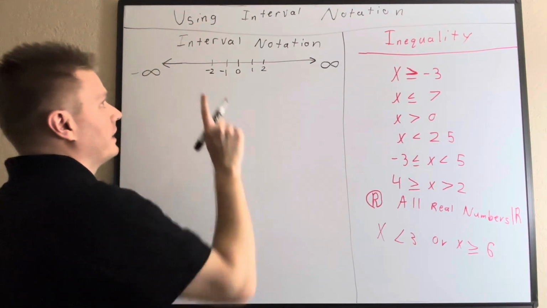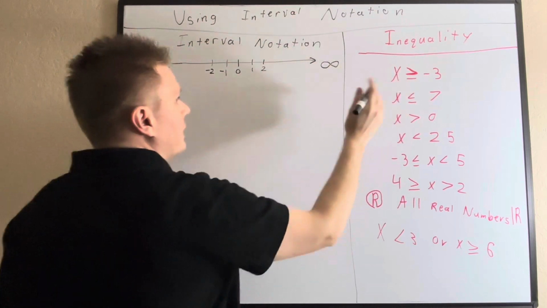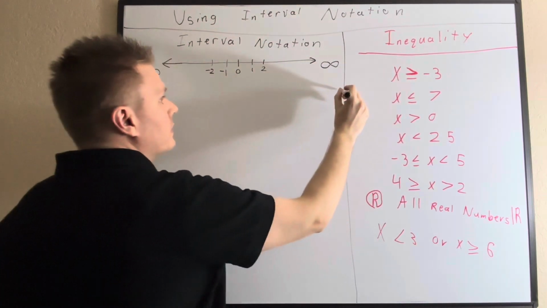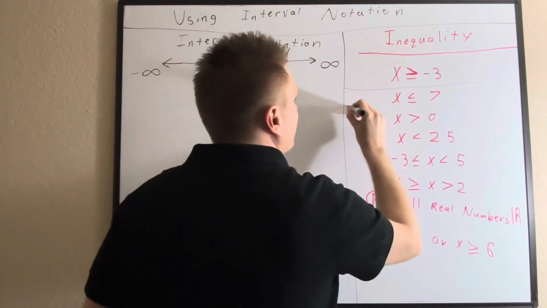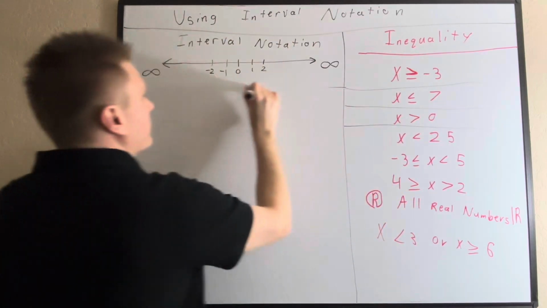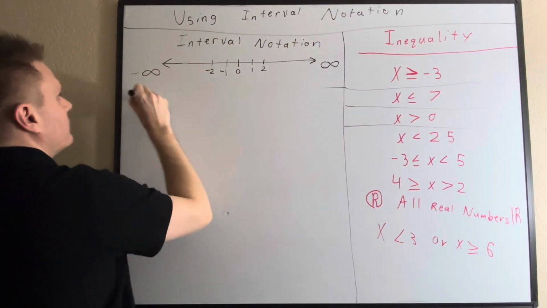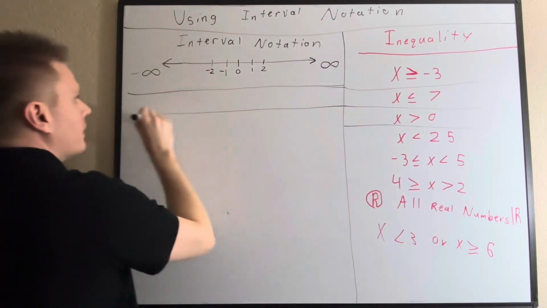That is important when writing interval notation, because when we write out x is greater than or equal to negative 3, let me draw lines here so that we remember which one goes with which. Oh man, running out of marker here.